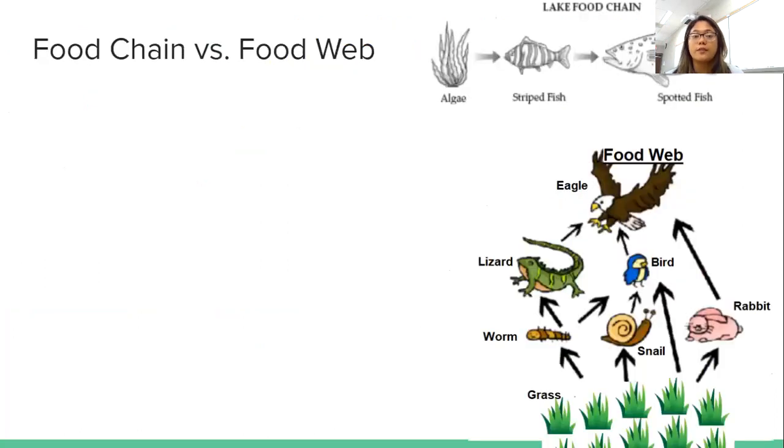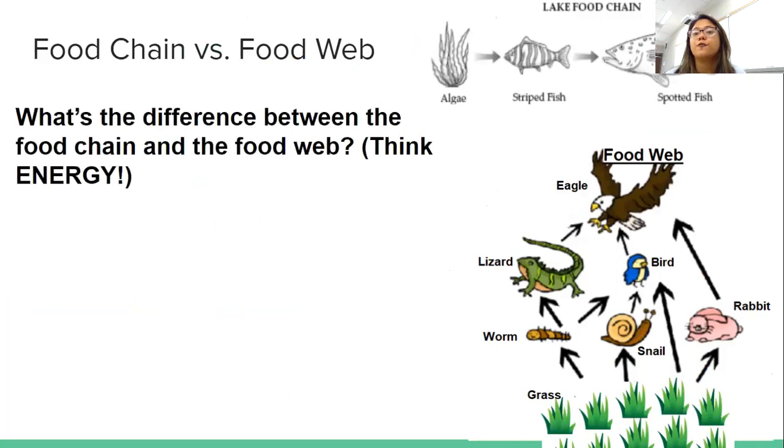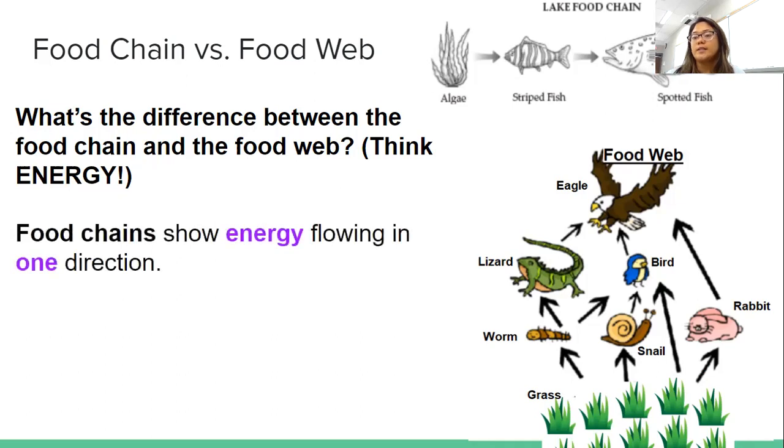Let's take a look at the difference between a food chain and a food web. What's the difference between a food chain and a food web? Now, if you see the food chain that's on top, the algae points to the striped fish, which points to the spotted fish. The energy is only going in one direction, and we only see one organism eating only one other thing.